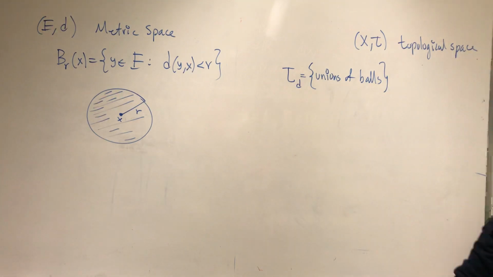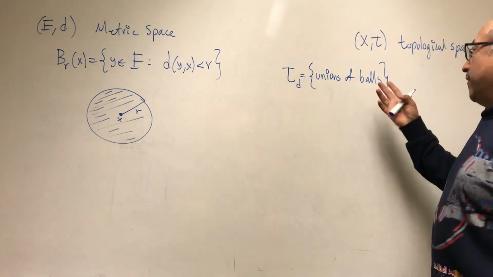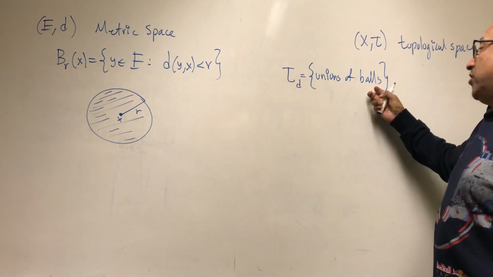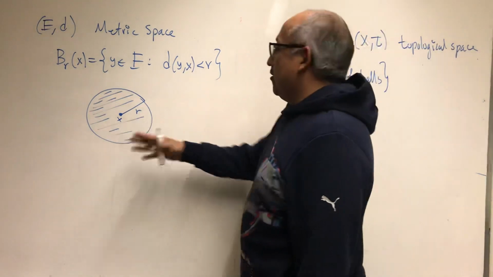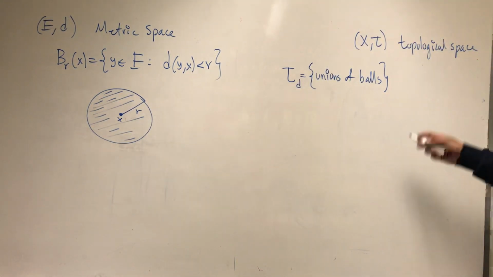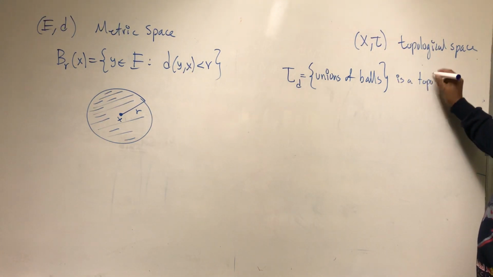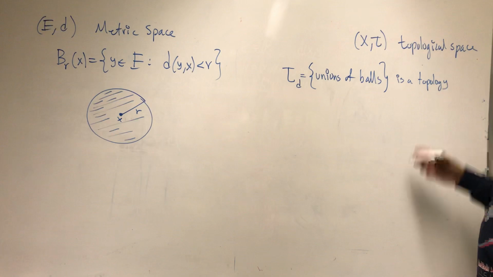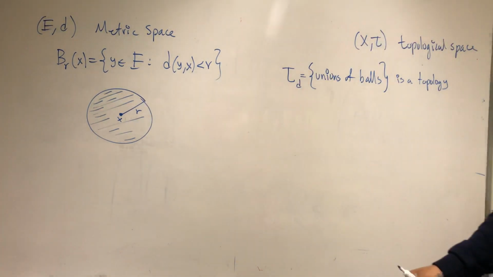In this family, the radii change, the center of each ball changes, so you have plenty of balls. Therefore, that family is going to be a topology.